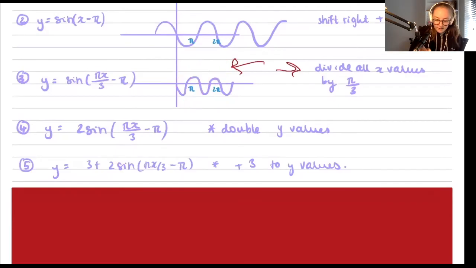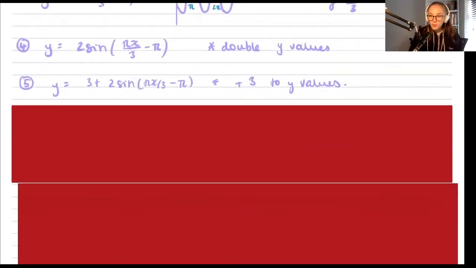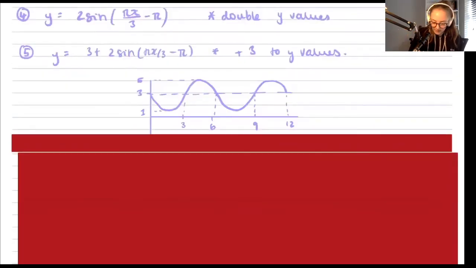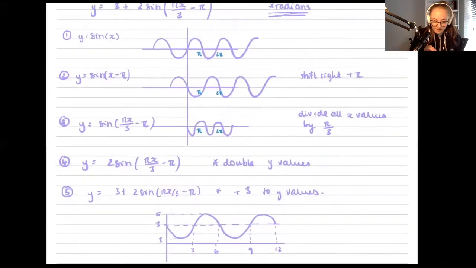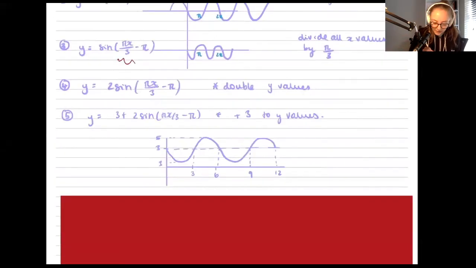So I also decided to show a more intuitive way of working this graph out, because I understand that this method here, especially with the pi x over 3 part, doesn't really help you imagine how the values have moved and how these points are on the 3, 6, 9, 12 points.